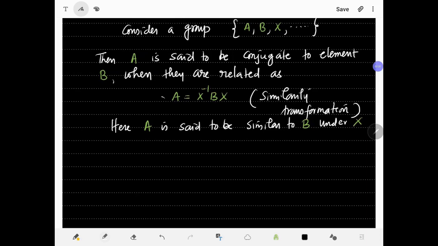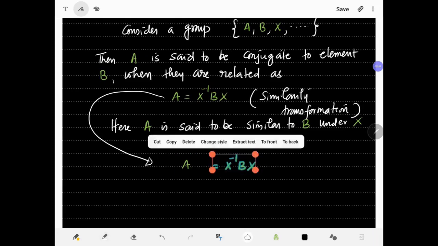Now this says A and B are conjugate elements. So if A is conjugate to B, the vice versa is also true. That is, if A is similar to B, B should also be similar to A, and it is very easy to prove. Take the previous equation, left multiply the equation with X on both sides, and right multiply the equation with X inverse on both sides.